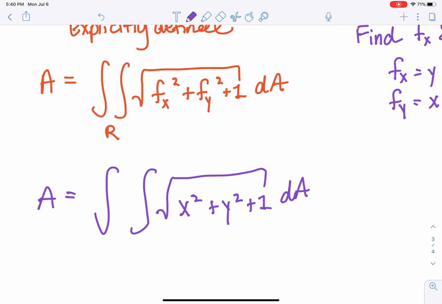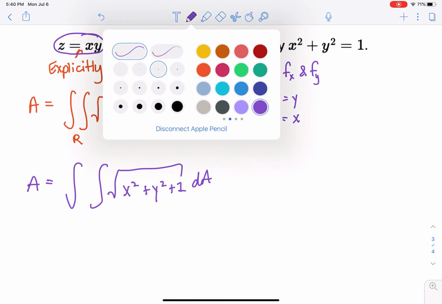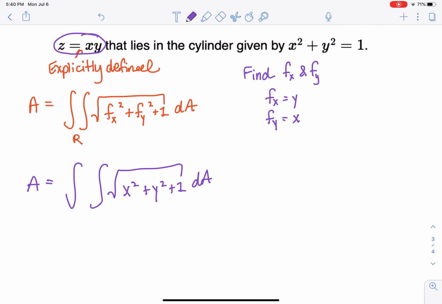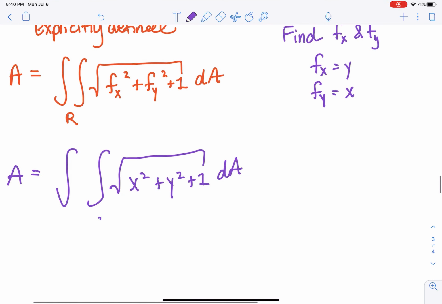Okay, so let's get some bounds on it real quick. We know that the sides of the shape have to lie within this cylinder, x squared plus y squared equals 1, which is just the unit circle as a cylinder. So you know that the radius is going to be between 0 and 1, and then we want the full rotation, so that'll just go between 0 and 2 pi. So that's pretty easy to set up those bounds.